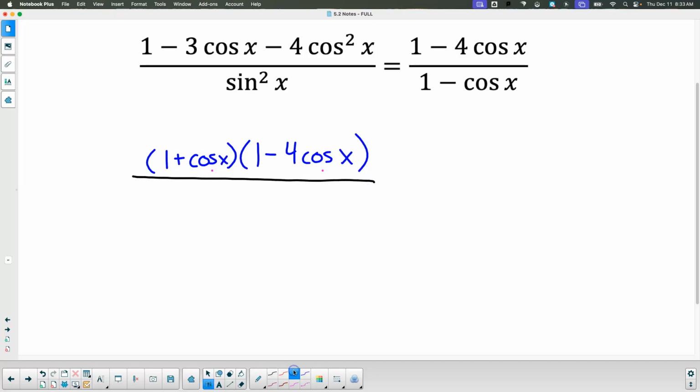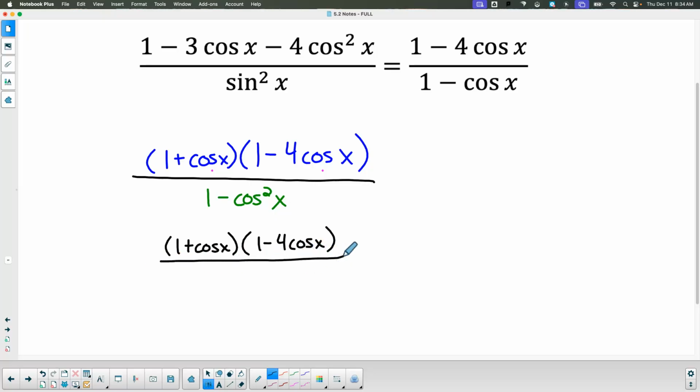At the same time, I would make the denominator 1 minus cosine squared. Now, we can make 1 minus cosine squared be 1 minus cosine times 1 plus cosine.